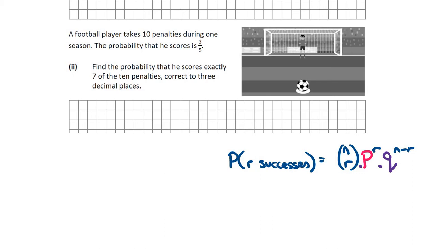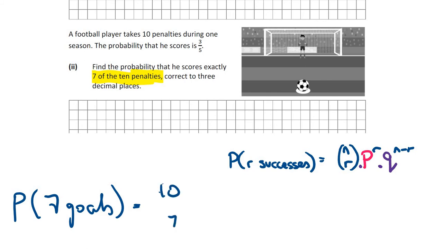Now the probability that he scores exactly 7 of the 10 penalties. The formula for working out the probability of 7 goals is 7 out of the total of 10 that he's taking, so that's 10C7. Look back at the combinations video for that.